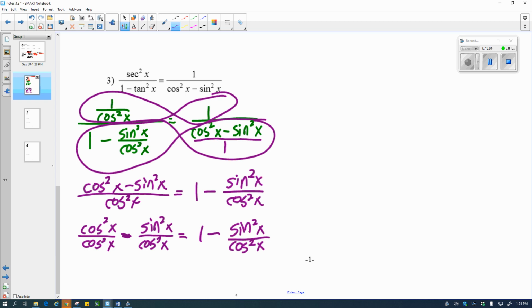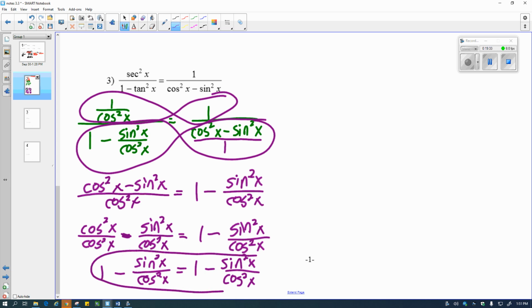As you get better and quicker at it and more comfortable with this, you're going to get, oh, I can see it coming together. What's cosine squared over cosine squared? 1 minus sine squared over cosine squared equals 1 minus sine squared over cosine squared. Okay, so now I got it to look exactly the same.